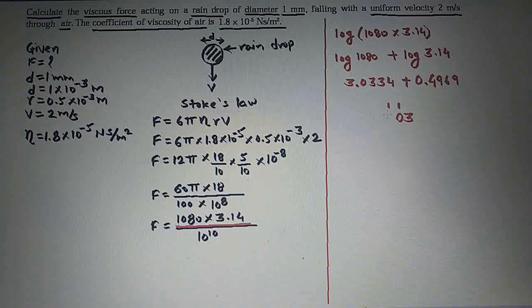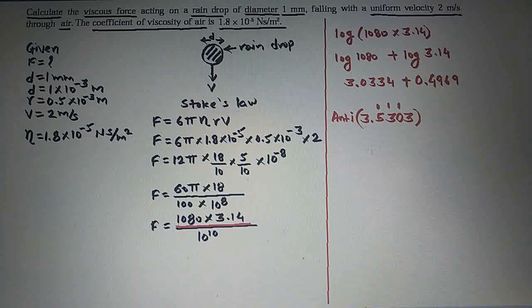We will write 3 here and carry 1. Next 0 plus 4, 4 plus this carry 1, 5 here, and then this 3 plus 0, it will be 3. So the addition will be 3.5303, and we will find out the antilog of this now.